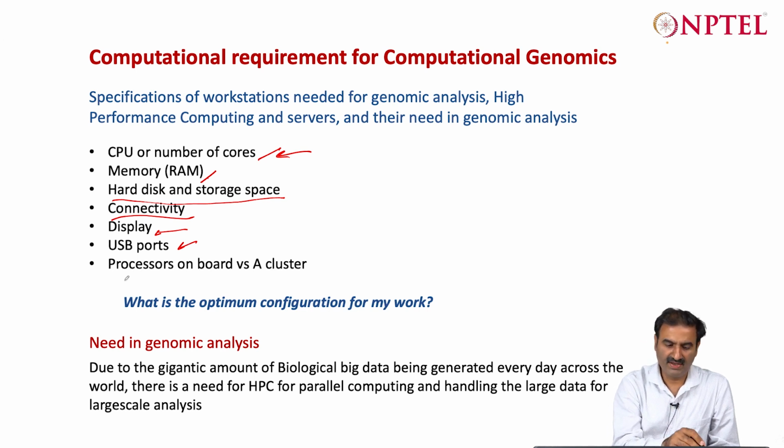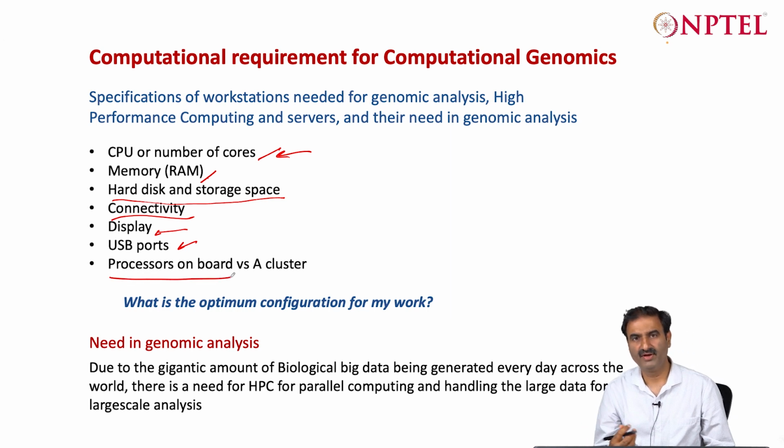And there could be an option to have multiple processors on board, like you can have a single workstation with 96 processors on board, like 4 24-core CPU processors on a single board, or you can have 4 different nodes with 24 core processors, right?